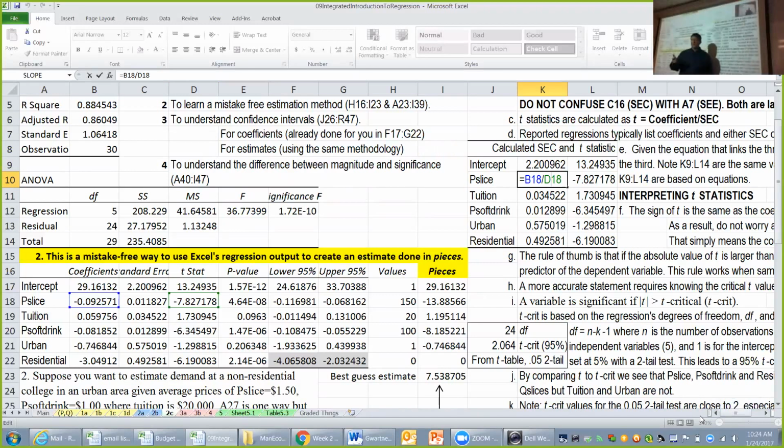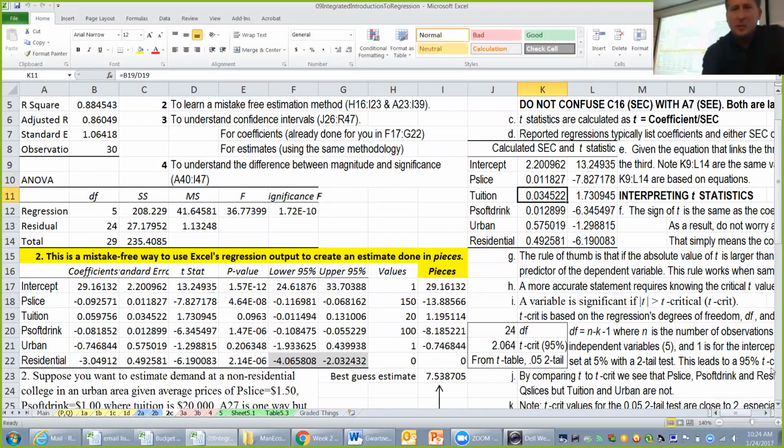To calculate the t-statistics, he calculated it. So once I hit return on B18 divided by D18, it's 0.011. That was just straight math, right? We used Excel to do the straight math for it, but that's exactly this number. This is the number that Excel cranked out for us.